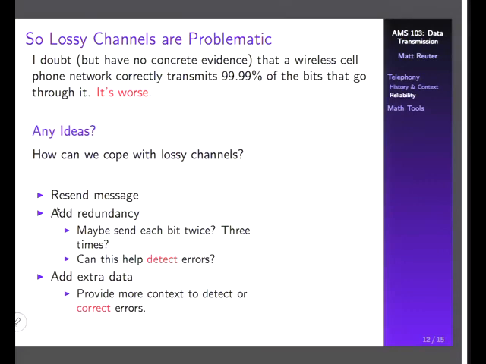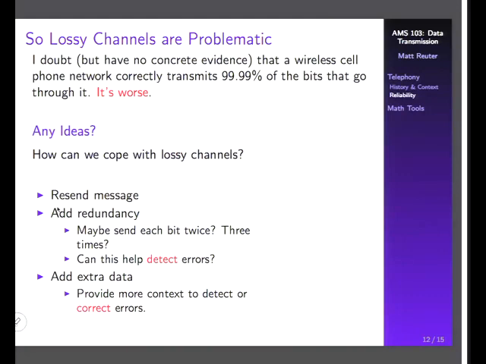The other thing that we might do, rather than just adding redundancy, is actually add some extra data to the message. And why might we want to do this? Because we just said shorter messages are better, so why would we lengthen our message with some extra stuff? If we add actual data, a little bit more context, not only could we detect the error, but it's possible we could actually correct it.